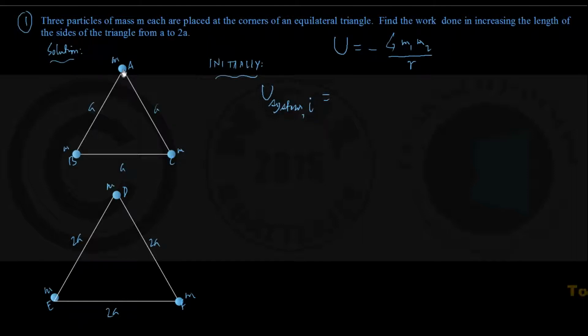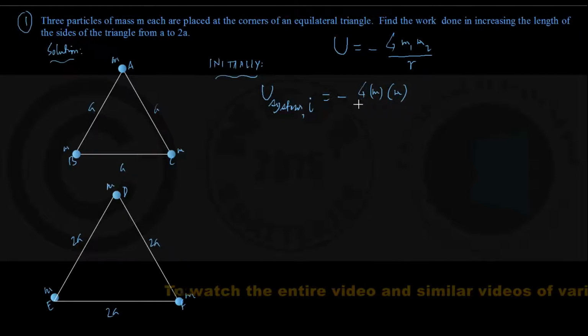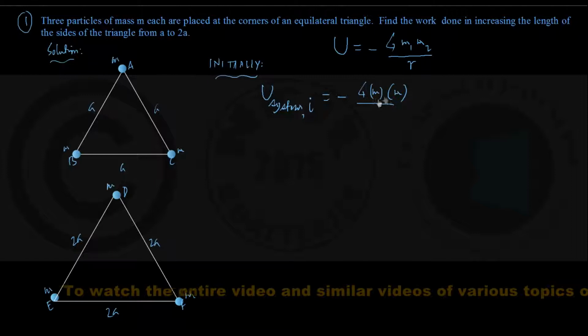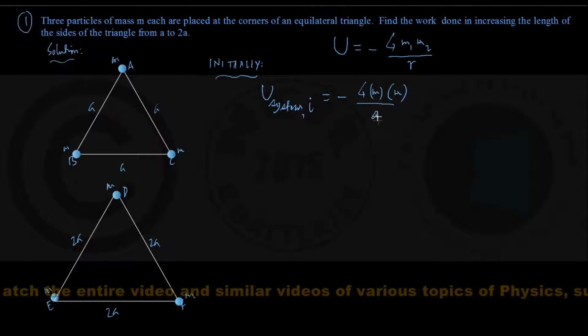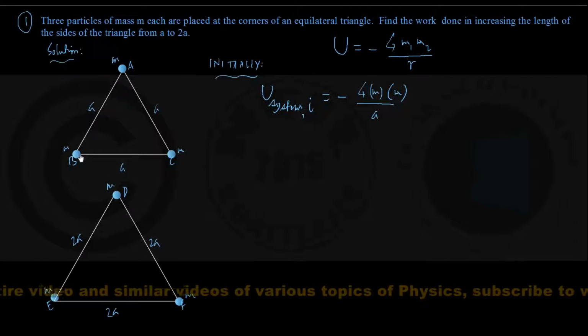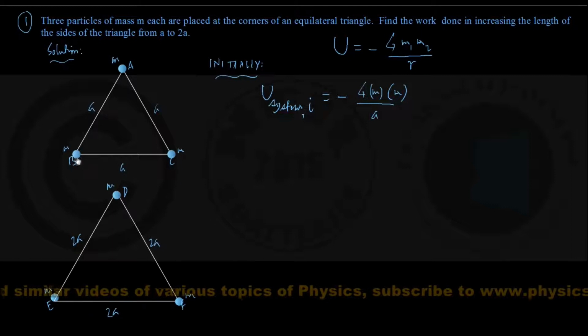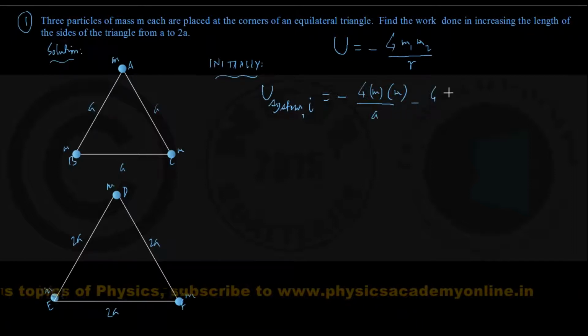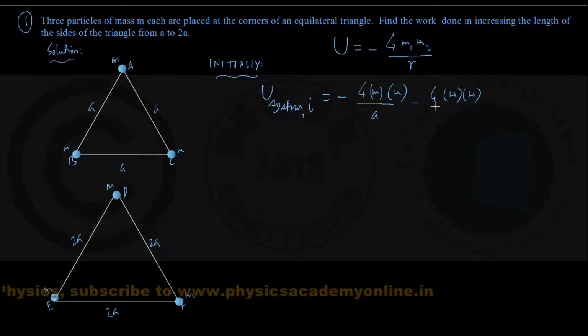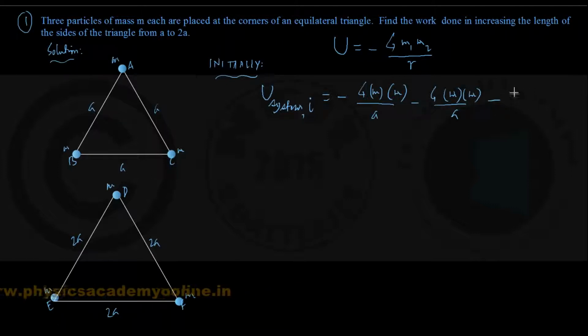Let us calculate that for the particles at A and B, both having mass of m each, separation is A. So, for the first pair, it's minus G into m into m, both having the same mass, divided by the separation, which is just A. Go to the next pair of particles, that is particles at B and C. Once again the same term, minus G m square by A. And then again for the pair of particles at C and A, we get the same term, minus G m into m divided by A.